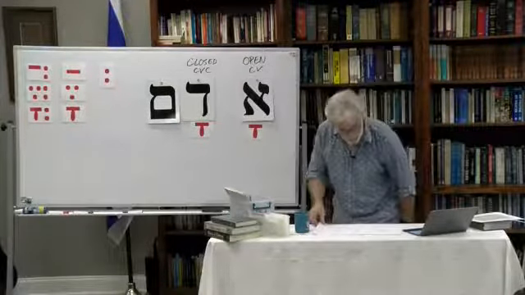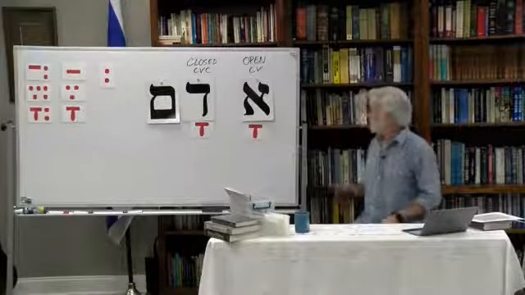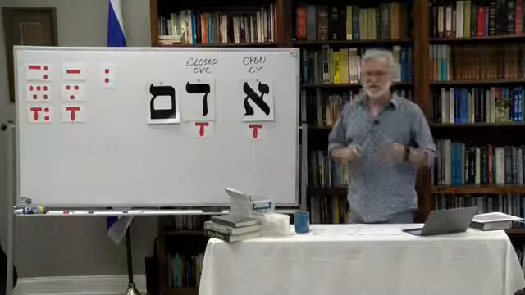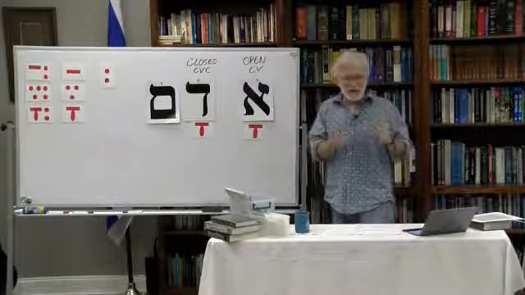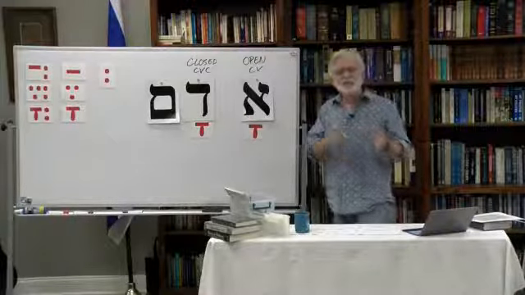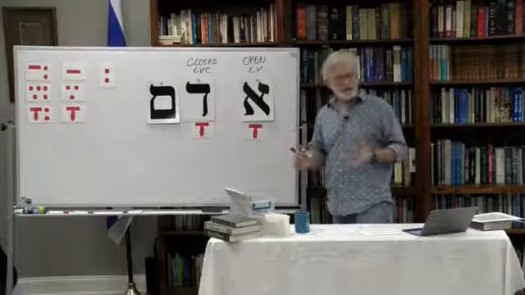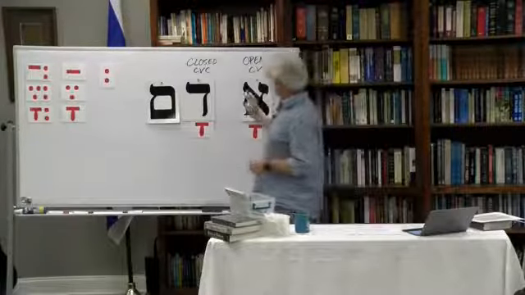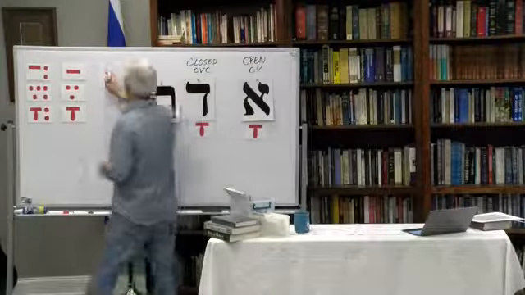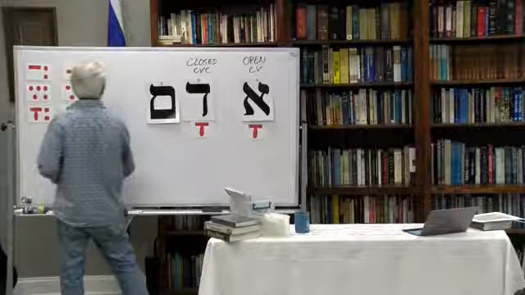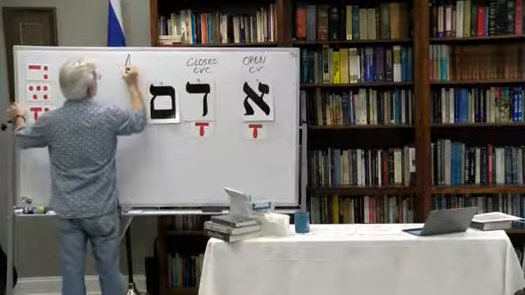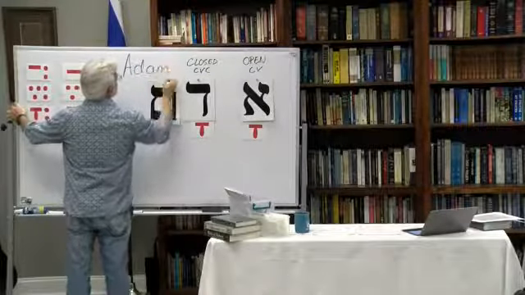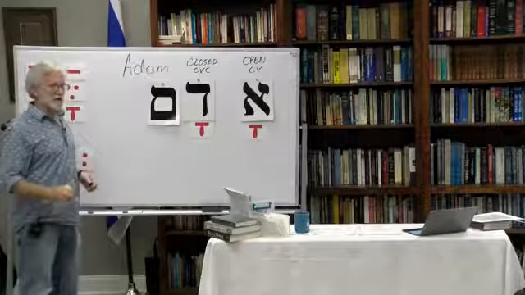Now, in English, if I write the word, remember now, transliteration is when I take a word that's in one language and I represent that word in the letters or characters of another language. So if I want to use this word as my example, I would write it A-D-A-M, Adam, okay?